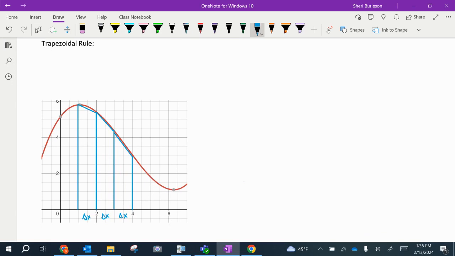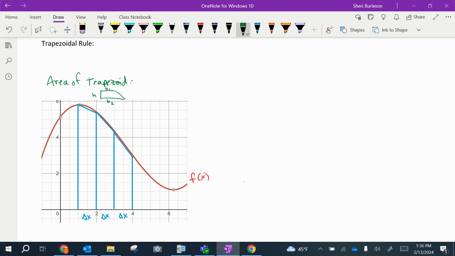So this is f of x. The area of a trapezoid, if you remember, if you don't, I'm going to tell you. We have the height of the trapezoid, and then a trapezoid has two bases, base 1 and base 2.